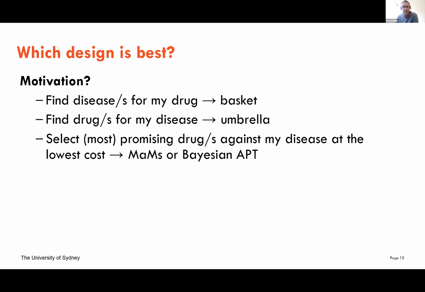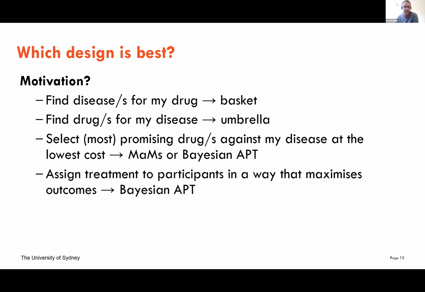If you actually want to identify any promising or the most promising drug against a disease at the lowest cost and the most efficient way possible, then an adaptive platform design is best. And if you want to assign treatment to participants in a way that maximizes their outcomes, then again, a Bayesian platform trial is the most suitable option, and that's what we're doing with the BEAT-CF platform trial at the moment.